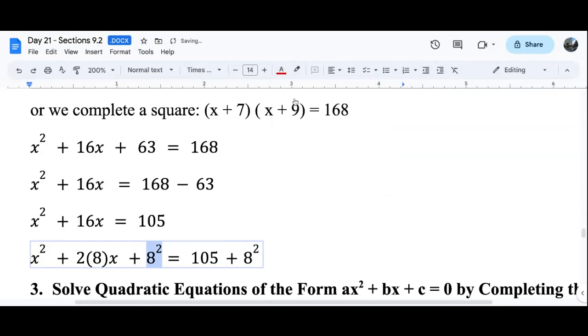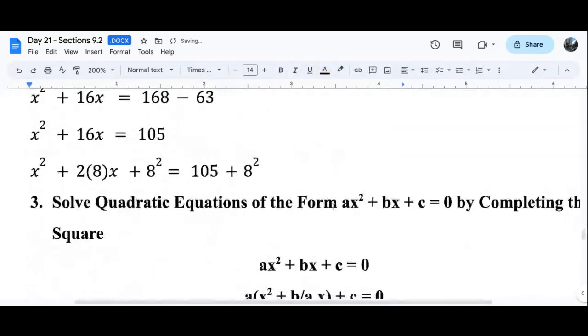So this one, I cannot change the color. Otherwise, I like to change the color. You see, I focus on those two. I take the middle term 16, I divide by 2, that's 8. So 16 can be written as 2 times 8. Then I want to add a square on both sides, since I have an equation.